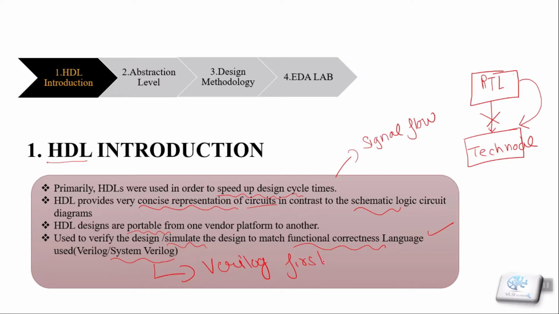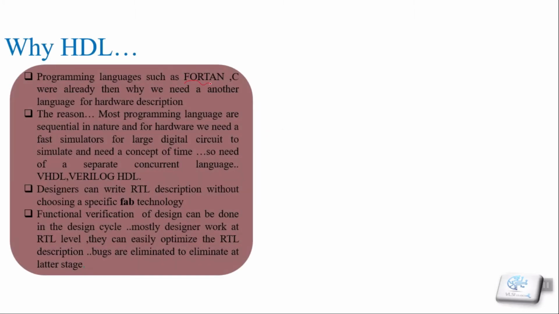So the question is why we need a hardware description language when we already have programming languages such as Fortran and C that are already used to describe computer programs. Why do we need another language for describing?